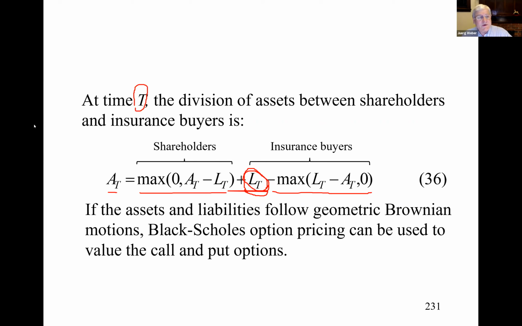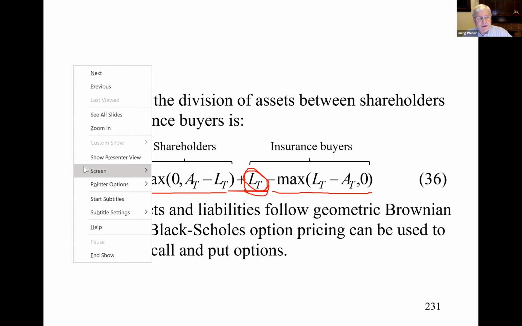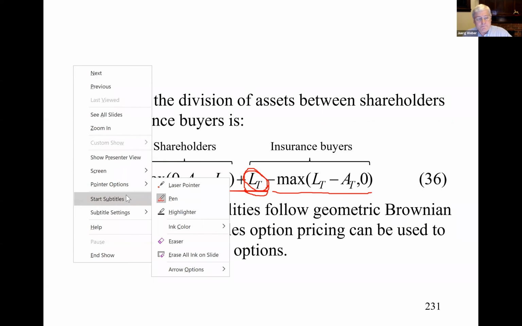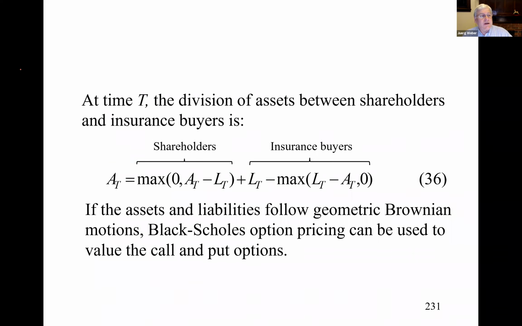Now let's see whether this equation makes sense. Let's first look at the situation where the insurance company is solvent at time big T. So the assets are bigger than the liabilities at time big T when the insurance company ceases operations.